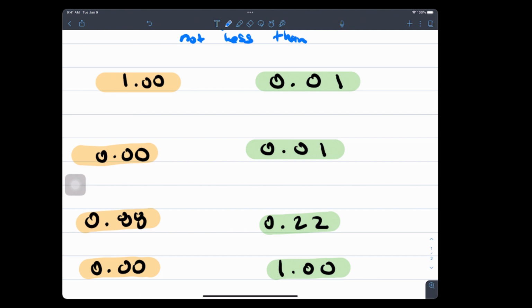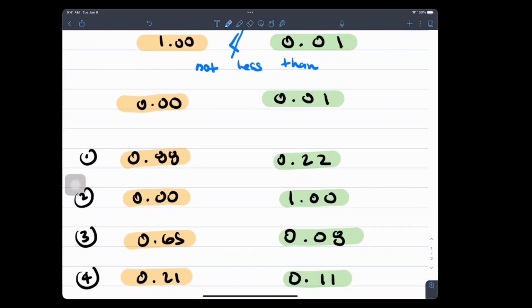Is $1, is it $1 on the left if it was 1.00? And then what's 0.01? Is that 1 penny? Is $1 less than a penny? No. What do you guys do? Cross it out. This is not what? Not less than. Good. Okay.